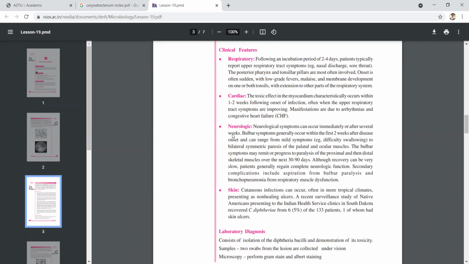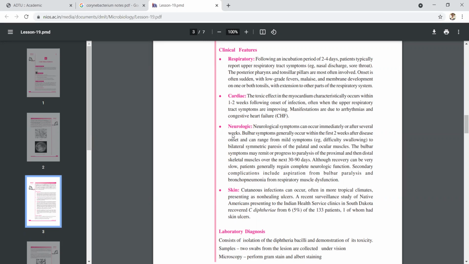Patients typically report upper respiratory tract symptoms. The symptoms are nasal discharge and sore throat. The posterior pharynx, that means the area behind the pharynx, and near the pillars near the tonsils, are mostly involved in this.